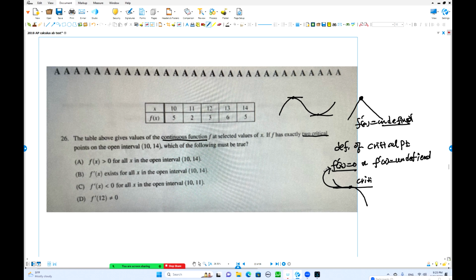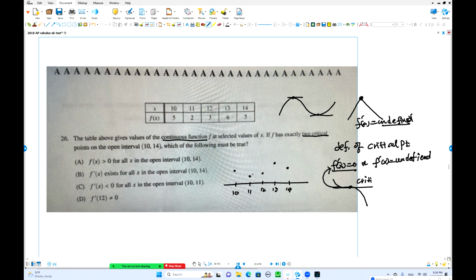Which of the following must be true? The x values are 10, 11, 12, 13, and 14. The y values are 5, 2, 3, 6, and 5 again.